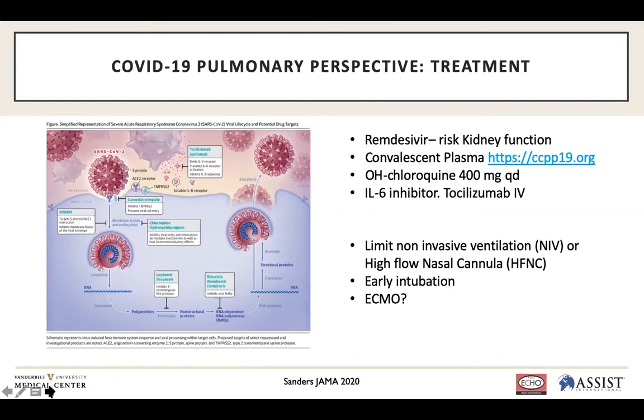We give oxygen with nasal cannula, and we eventually resort to the high-flow nasal cannula. There are discussions as to whether high-flow nasal cannula may increase the droplet generation when patients are breathing in and out of these devices. There's no good evidence for that. Again, it's an area of investigation that we will know more about pretty soon.